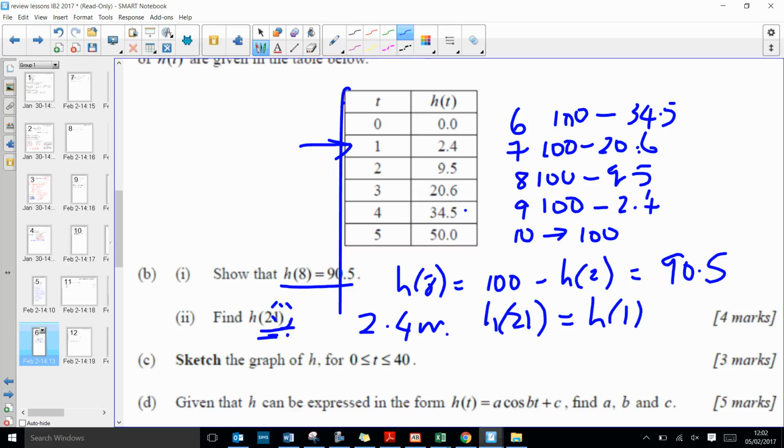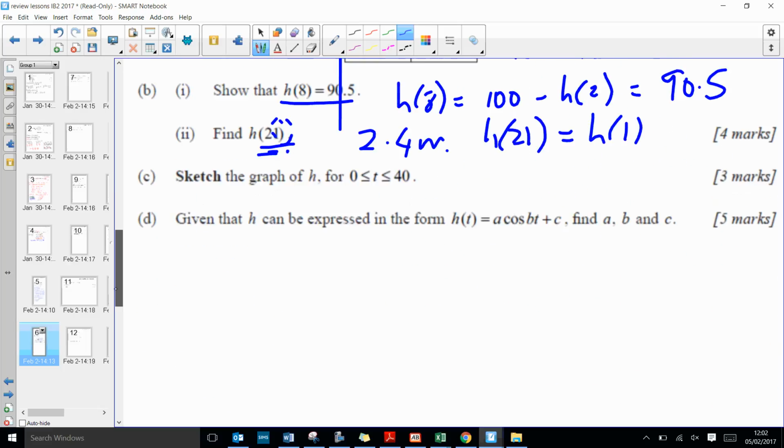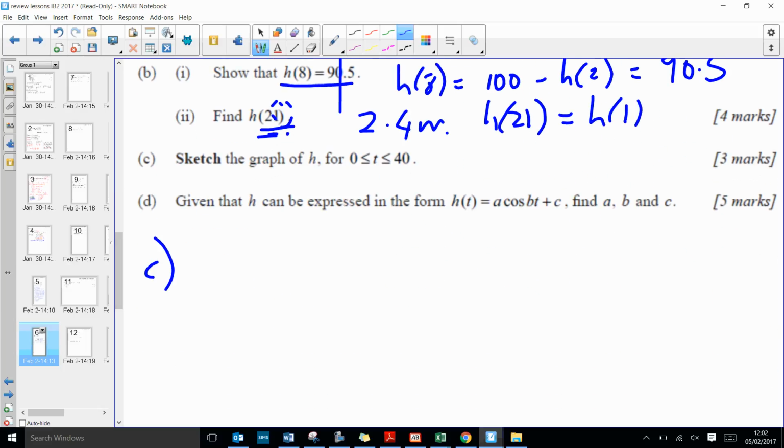Sketch the graph. Okay, it's a non-calc paper, so we have to think about this. We know it's a circular function, and it starts at 0. So our main points in this case are going to be the peak of it, so it's going to be at 10 minutes, 20, 30, 40.